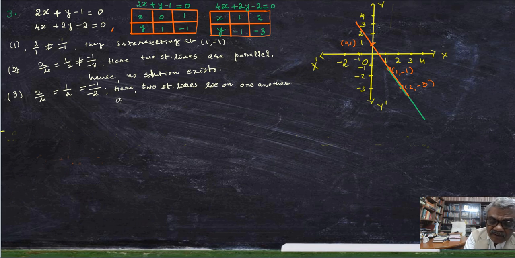I mean, any point (a, b) on one line satisfies the other equation; it lies on the other line also.